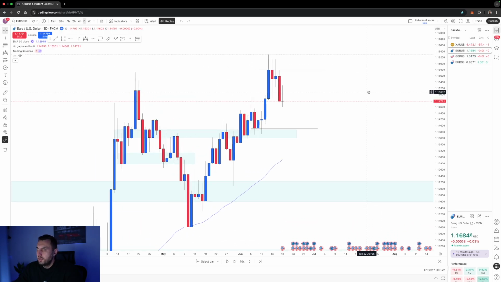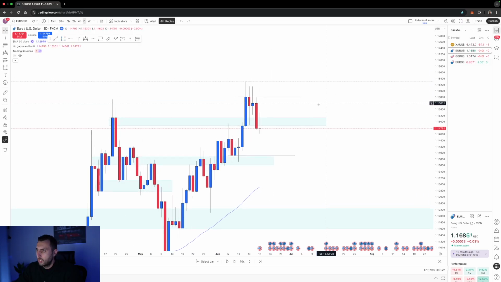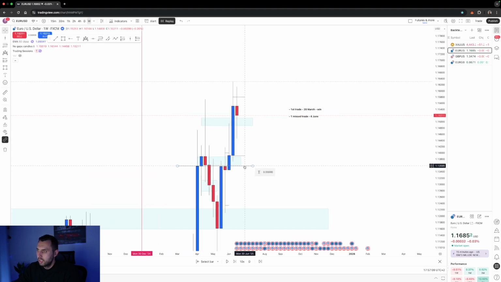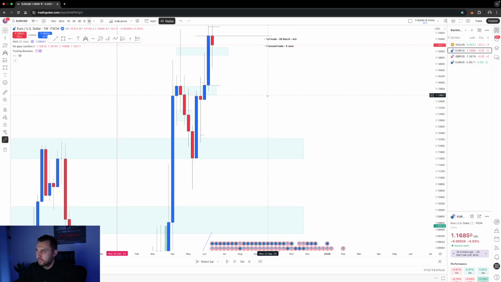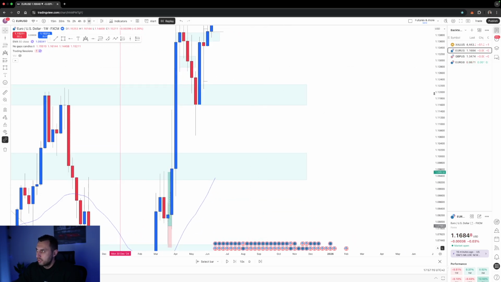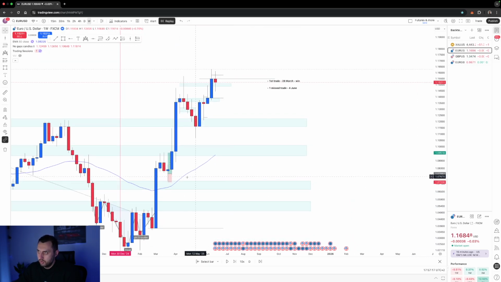Okay, so when the price created a new higher high on daily, on weekly, let's see what's going on. So on weekly, we can see this beauty here.